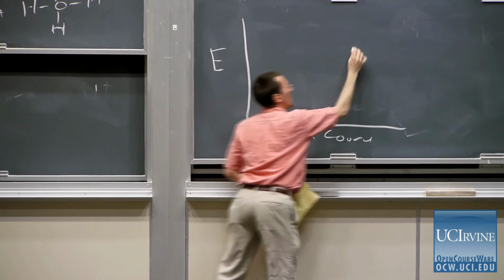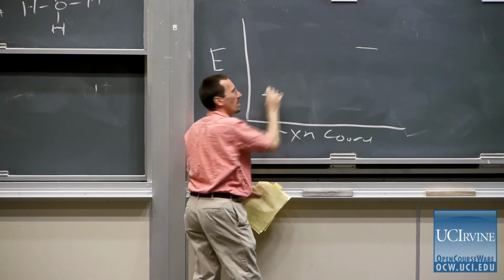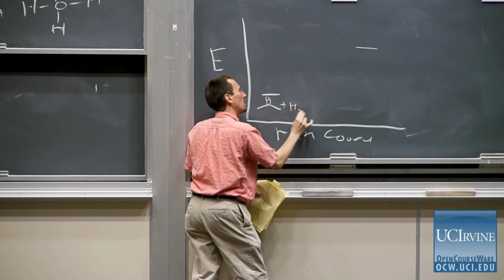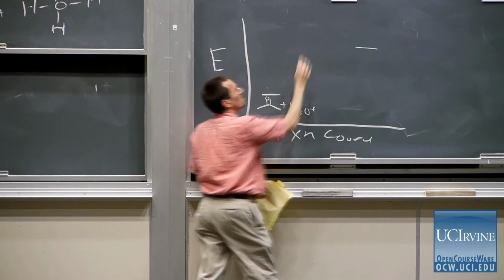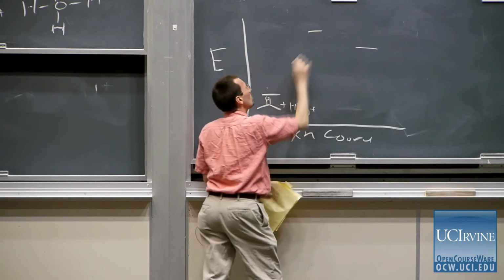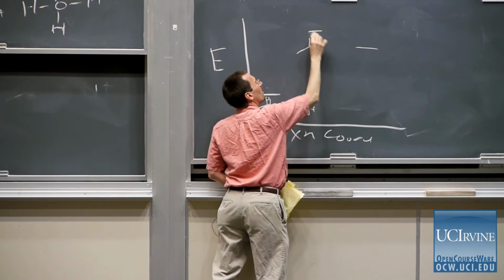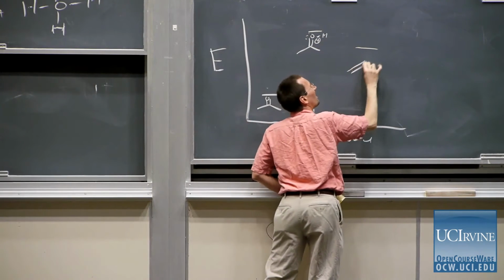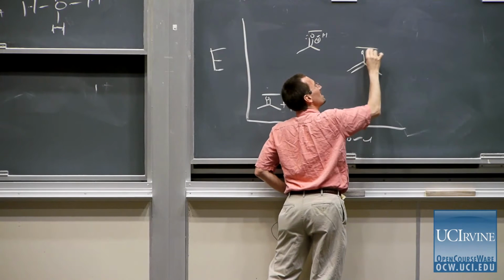When you have a reaction like this, where we're going from reactant, from our acetone plus H3O plus, to our protonated acetone, and then to the enol.